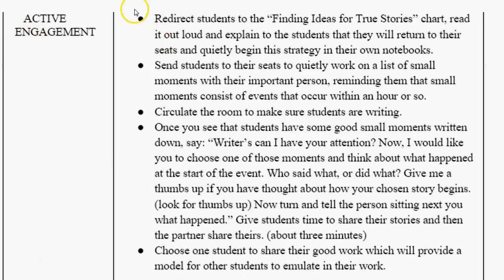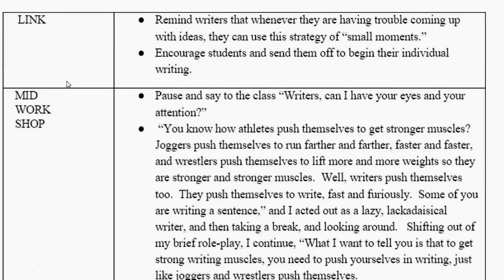Active engagement breaks down all of the things that we can choose from to do to make sure our students are set on the right path. The link section of the lesson tells us basically what that assignment is and what we're going to send our learners off to do. We even included the mid-workshop, what would be important to reiterate or to stop our writers and just to make sure we're, again, heading down that right path.